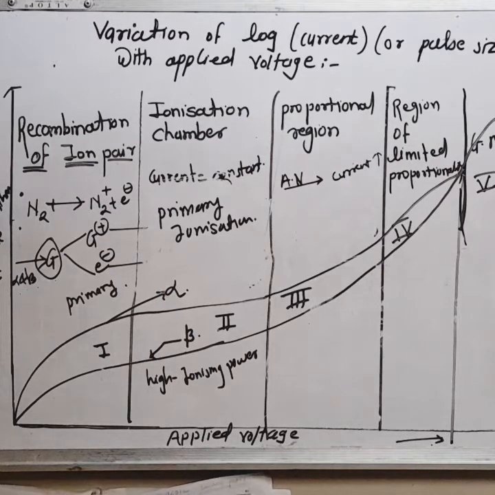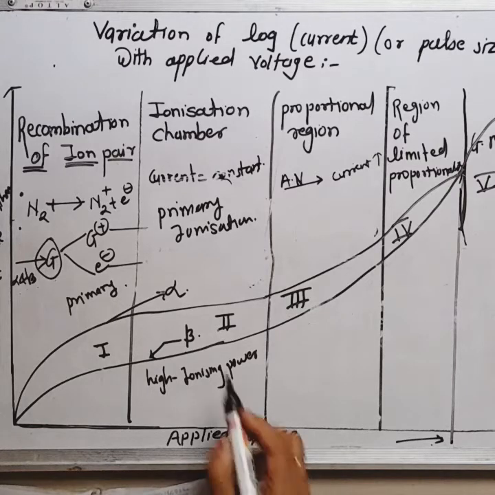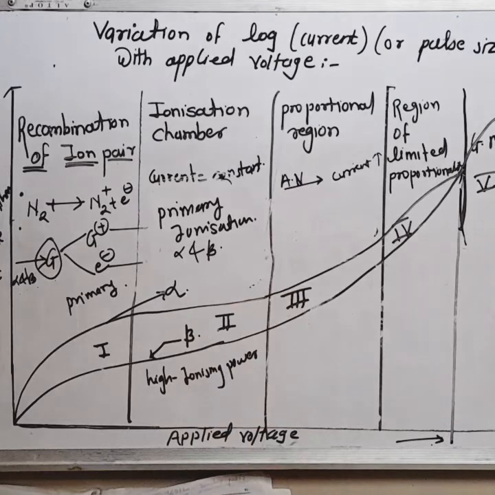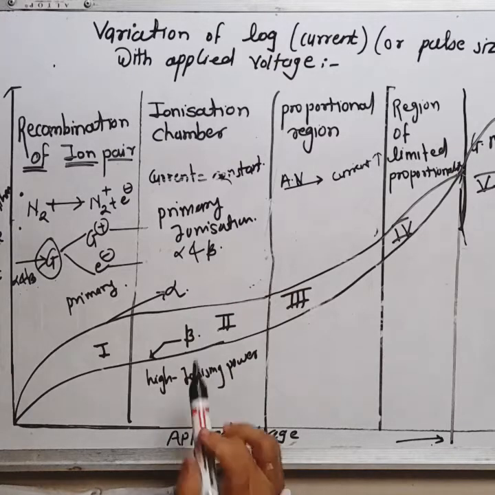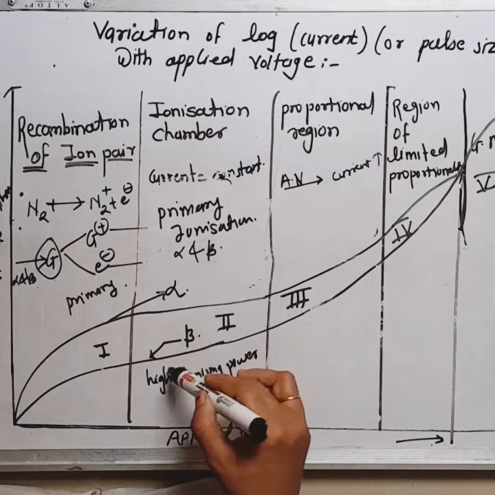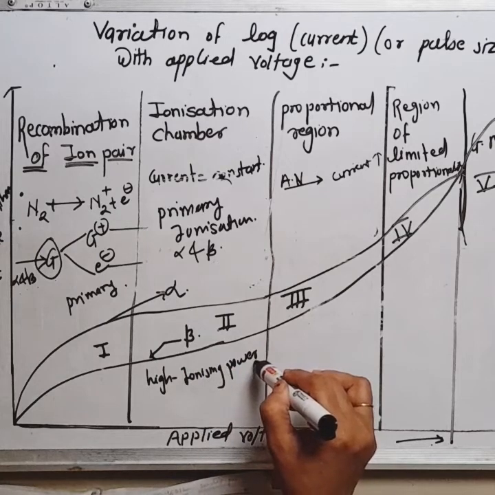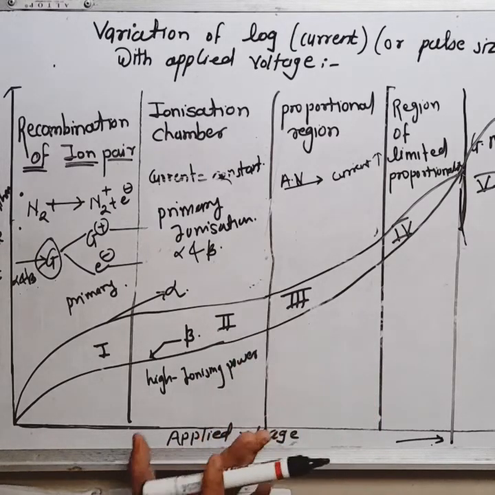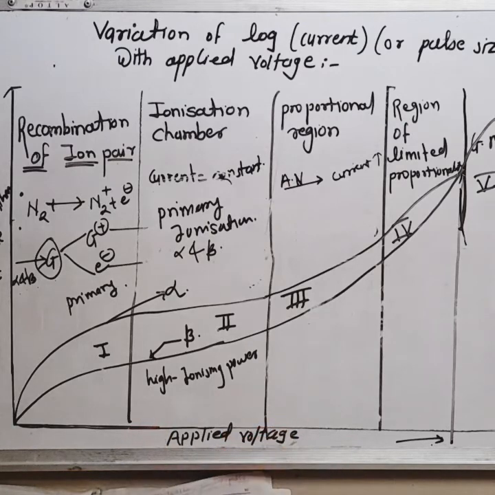It is known as primary ionization, and it is responsible for measuring the number of alpha and beta particles, because alpha and beta particles have a high ionization power. This chamber is very useful for counting alpha and beta particles and to determine the nature of a radioactive substance.